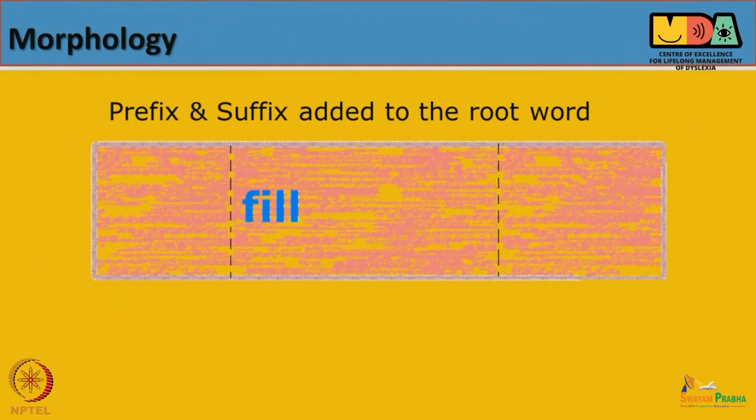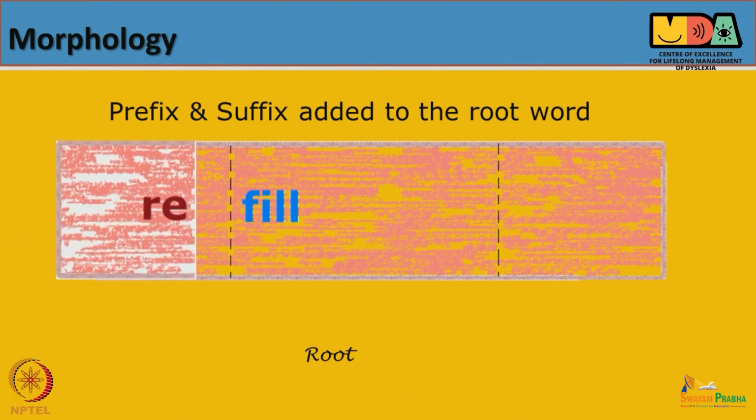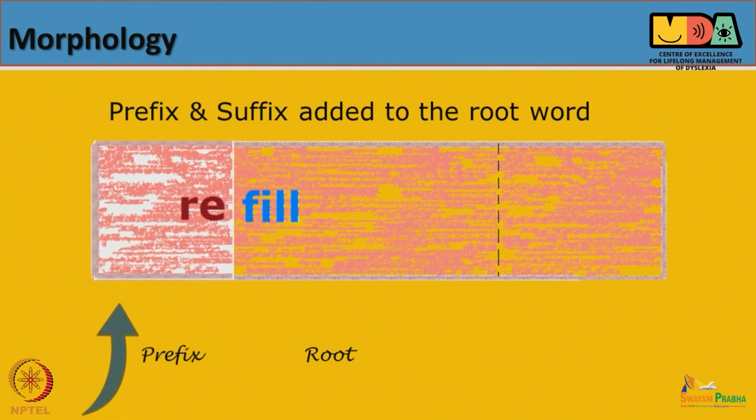Okay, so let us take another example of how a prefix and a suffix is added to a root word. Let us take the word fill. We have the prefix, which is re, which means to do it again. That would be your prefix. It is added in front of the root word or at the beginning of the root word.